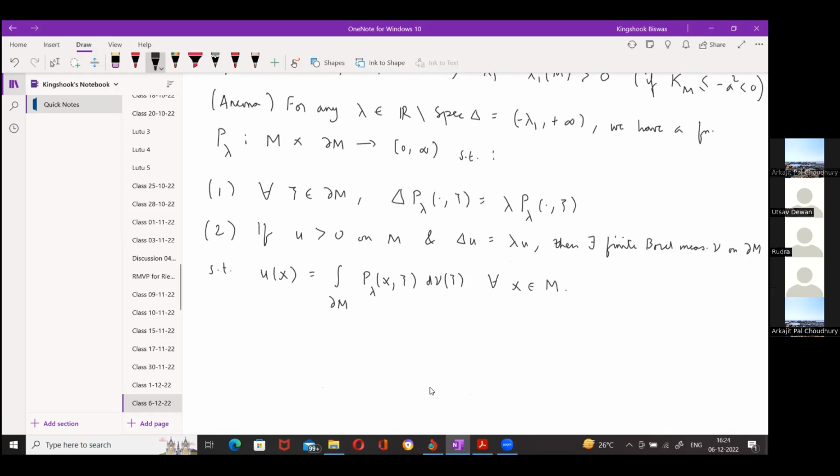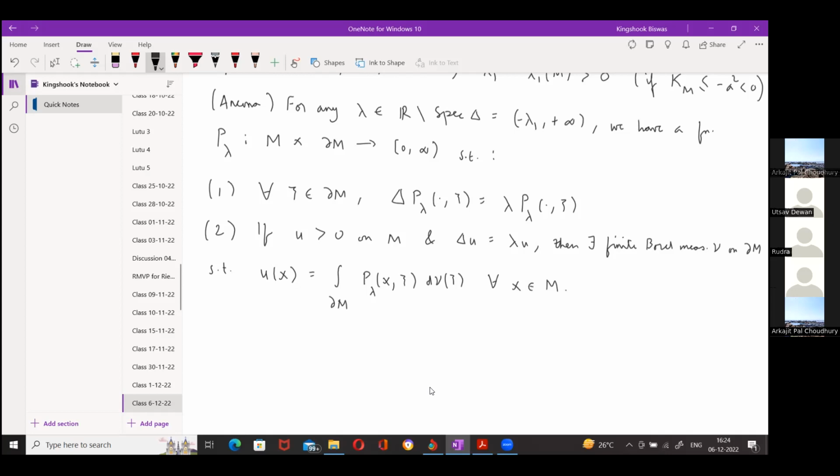So for every xi, you get a positive lambda eigenfunction, and these give you all positive eigenfunctions, by integrating over xi with respect to some finite Borel measure on the boundary.